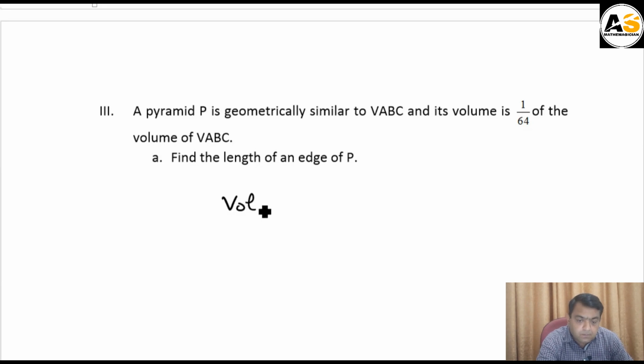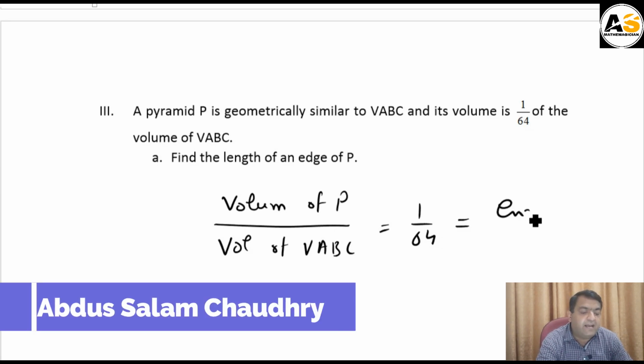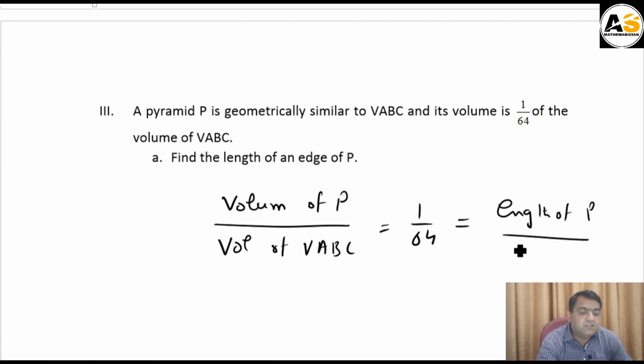Volume of P divided by volume of VABC is equal to 1 by 64, which is basically the length of edge of P over the length of edge of VABC, whole cube, from the concept of similarity.